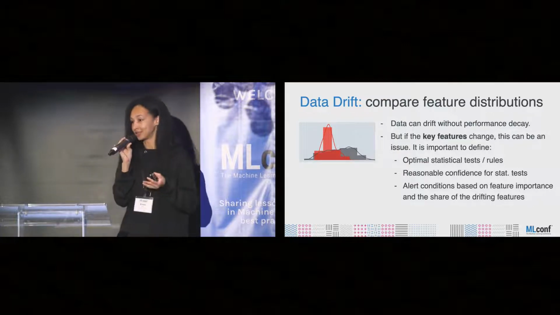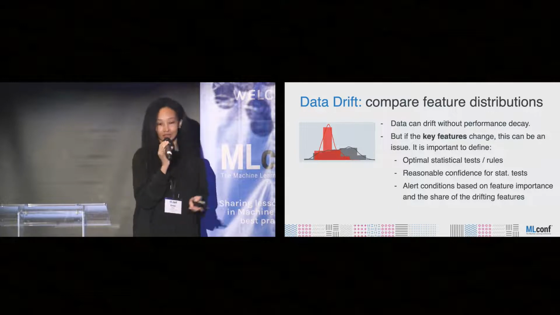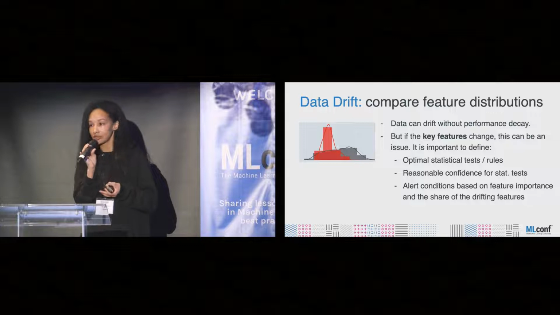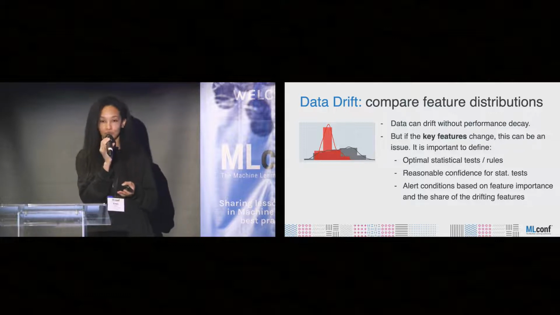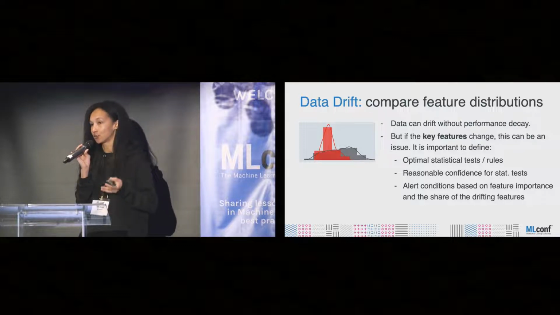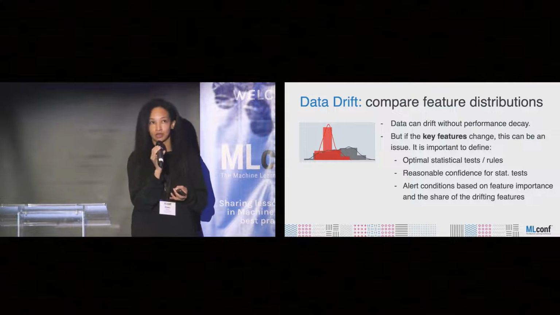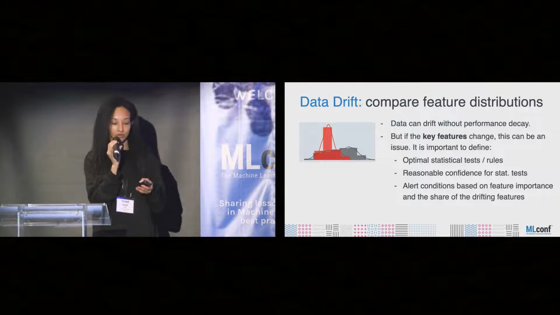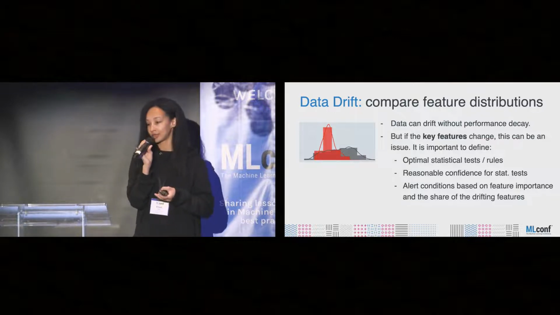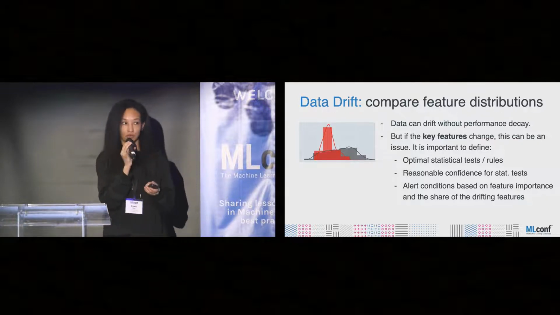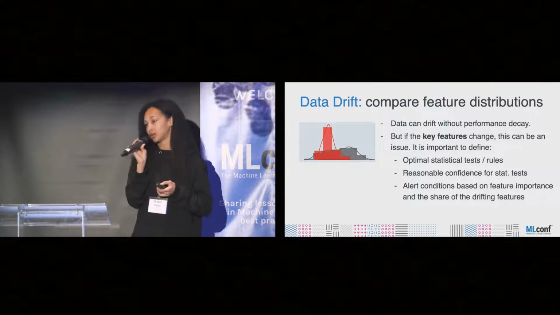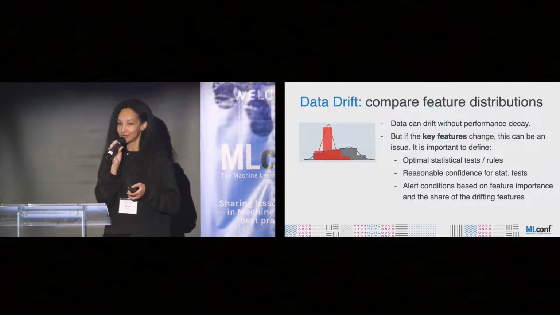We can have some seasonality and, of course, if we have it, the distribution will be different. But if there is some shift in distributions for key drivers of your model and you cannot find any reasons why the distributions should be different, then this can be an early signal of a potential problem. So this is why measuring data drift is quite important on early stages where you still do not have a ground truth.